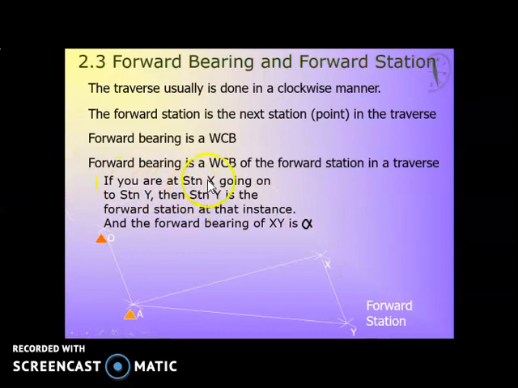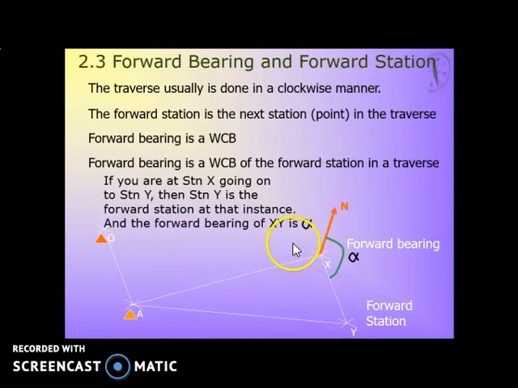If you are at station X, which is this point here, and after you have finished collecting your data at station X, you are going to move your total station to the next station called station Y. Then your station Y is going to be the forward station, because you plan to move to station Y. Now, if that is the case, then the forward bearing alpha becomes the forward bearing of your line XY.